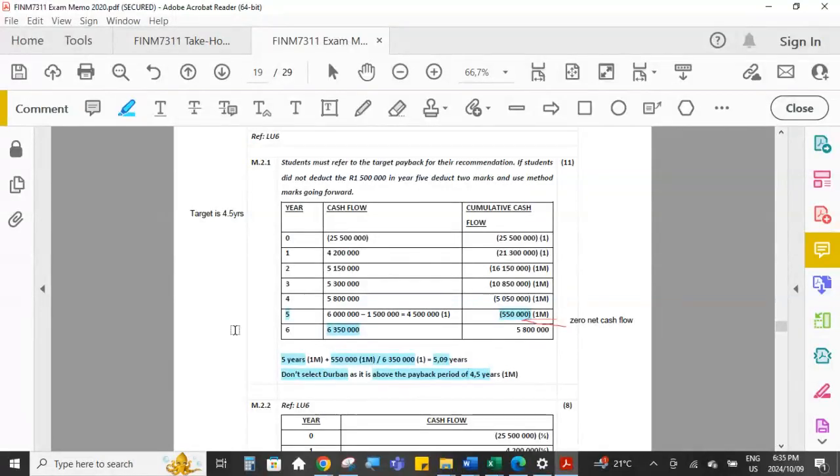So when you practice, use your highlighter: highlight the last negative year, highlight the last negative cash flow, and then highlight the cash inflow of the immediate following year. That gives you your calculation: 5 years plus 550 over 6350 equals 5.09 years.